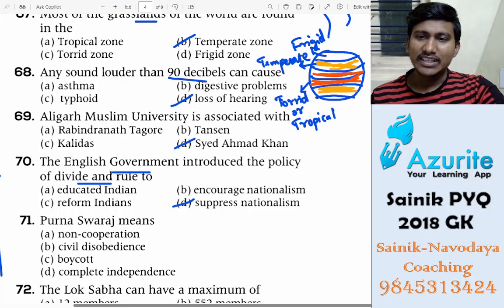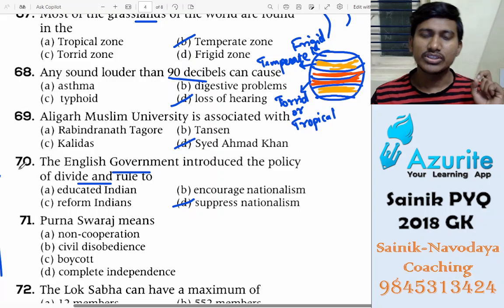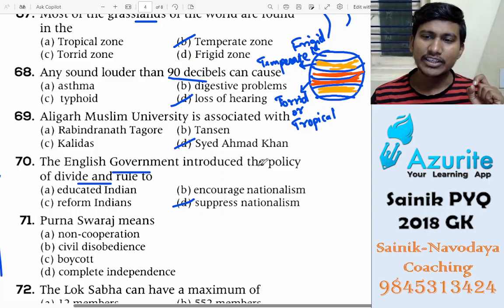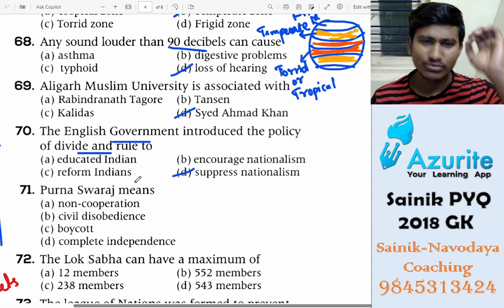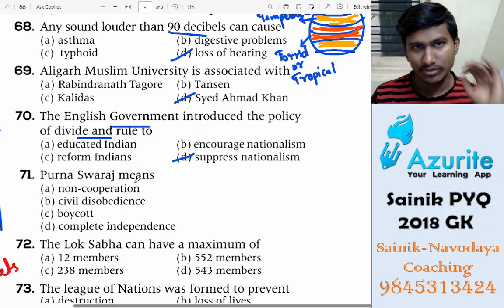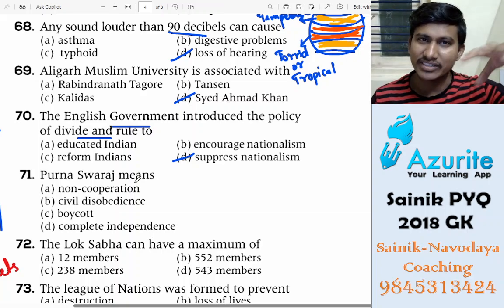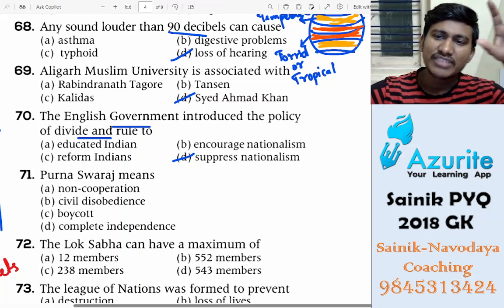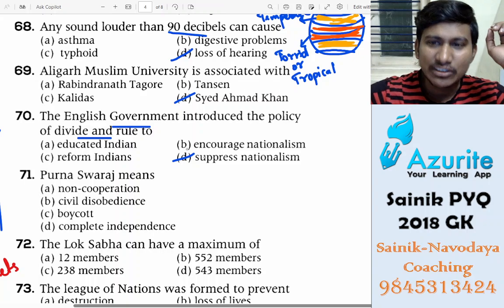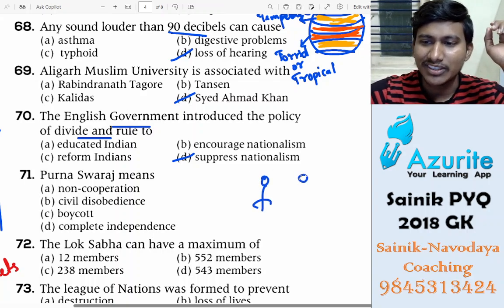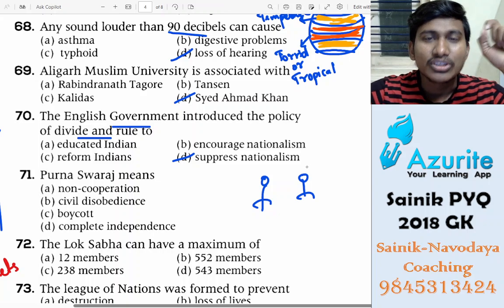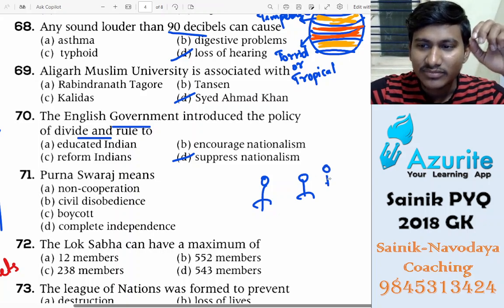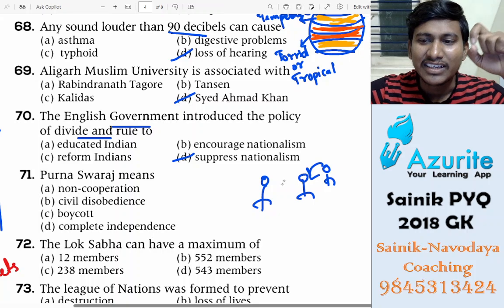Yes. So see here. Next question 70. The English government introduced the policy of divide and rule too. English government means Britishers were there before, right? Before India got independence, they used to rule us. So what they used to do? If there are two brothers fighting each other, they used to support one person and then war between them.